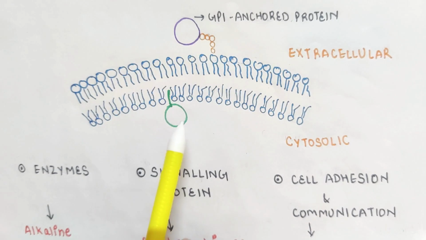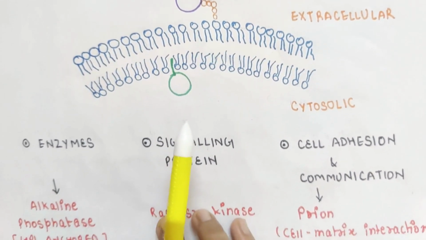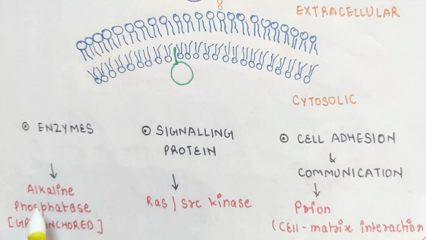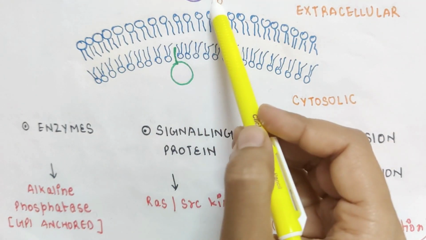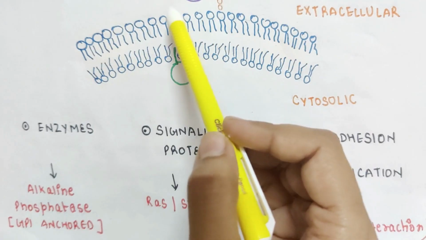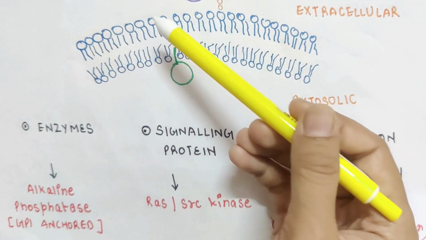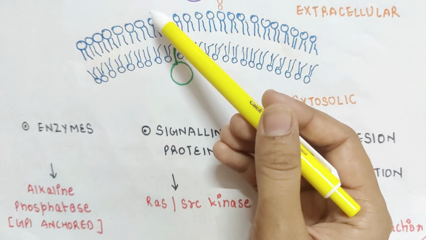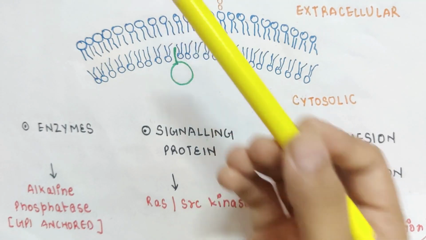So now let's understand the functions performed by these lipid anchored proteins. They act as enzymes, for example alkaline phosphatase, which is a GPI anchored protein found on the extracellular side, where alkaline phosphatases cleave or remove phosphate groups from extracellular molecules.